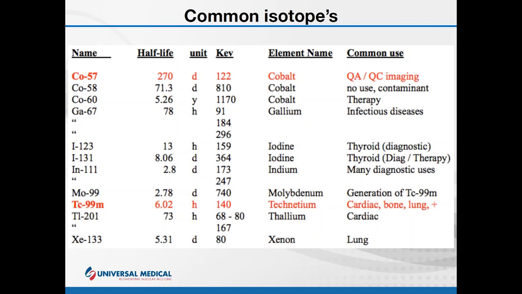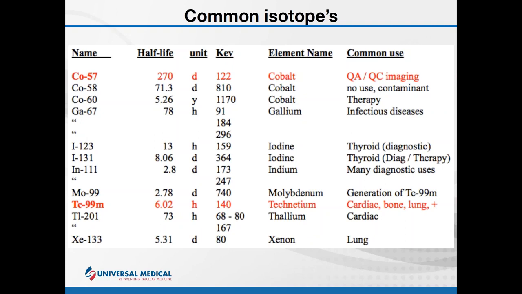If the vial is contaminated, I grab the vial, now my hand's contaminated. Now I touch the camera, and the camera's contaminated. Now we're back to nothing upsets a technologist more than having a broken camera, or a non-functional camera, I should say, because you contaminated it. So you need to be careful.